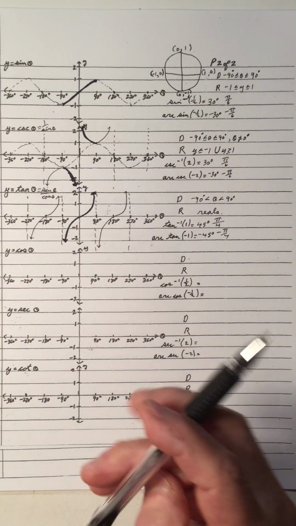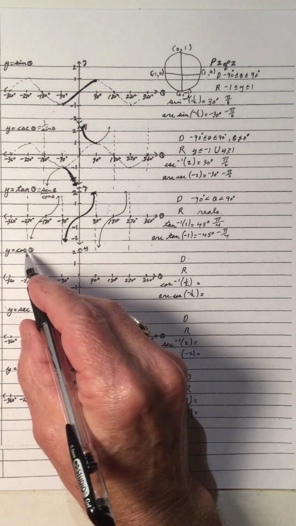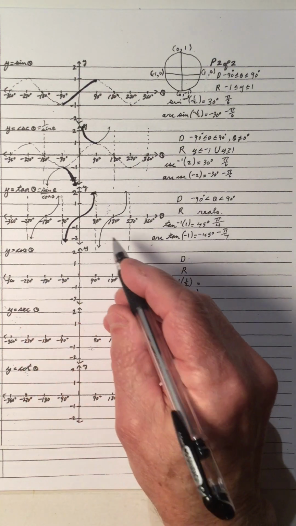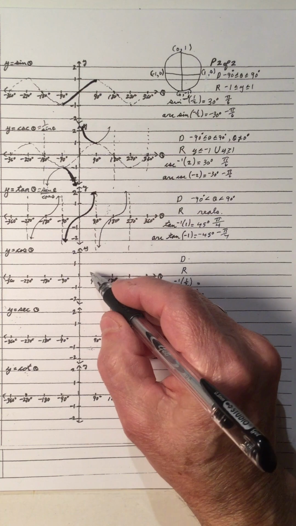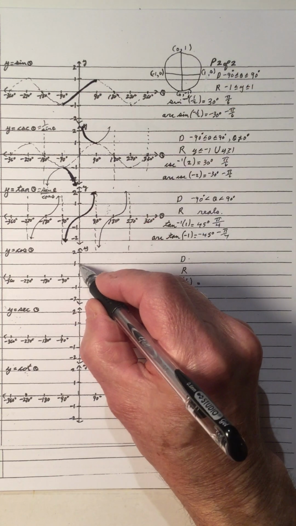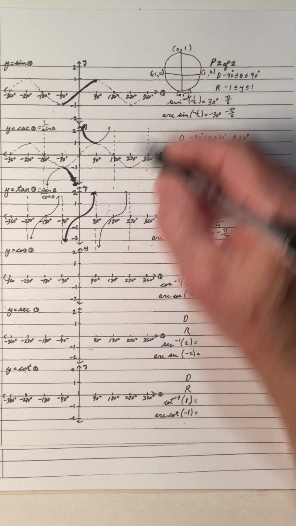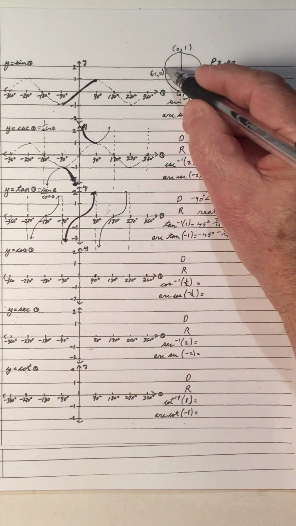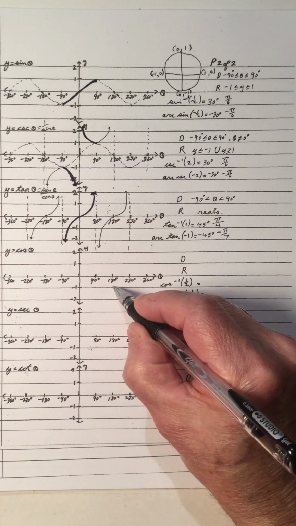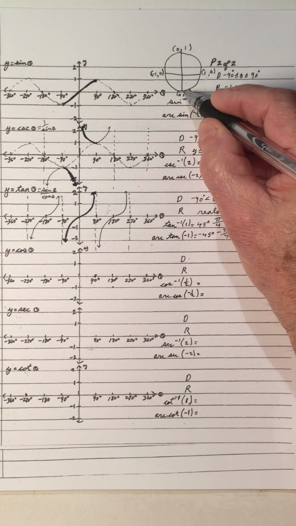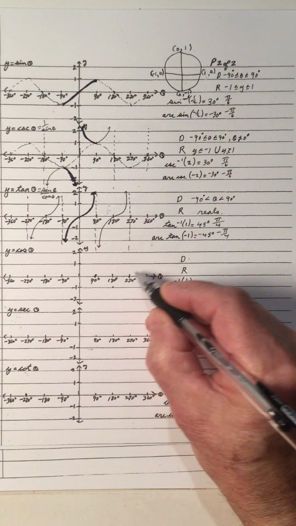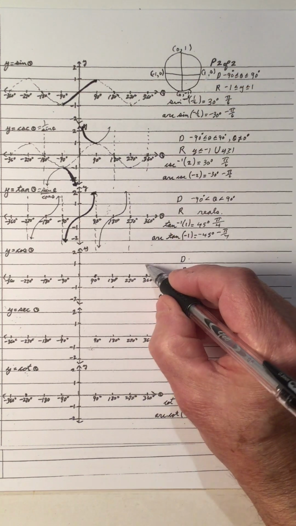So what about the cos graph? The cos graph is related to the x. So the cos of 0 is 1. The cos of 90 is 0. The cos of 180 is negative 1. The cos of 270 is 0. The cos of 360 is 1.